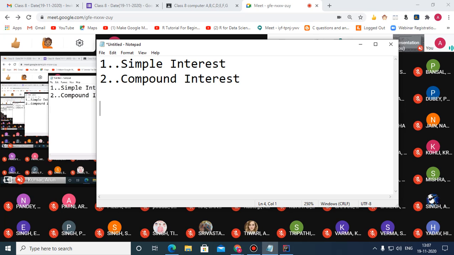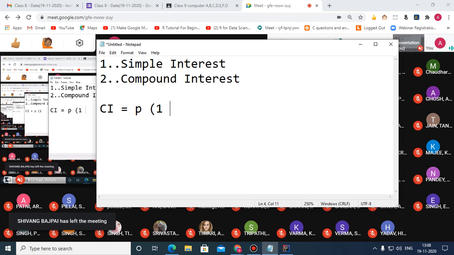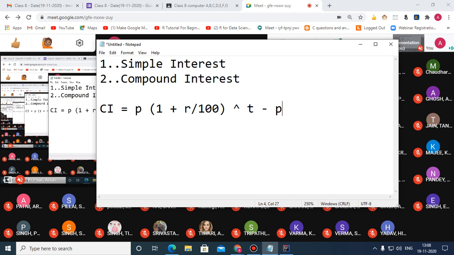The formula for compound interest, that is CI, is P into (1 plus R by 100) raised to the power T, minus P. This inverted B represents power.